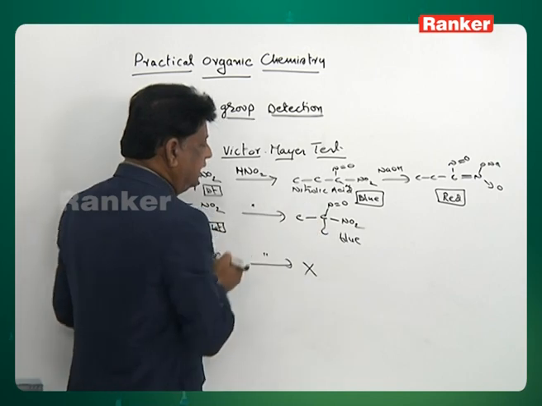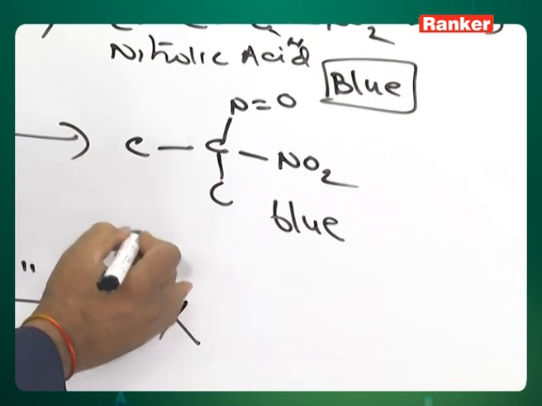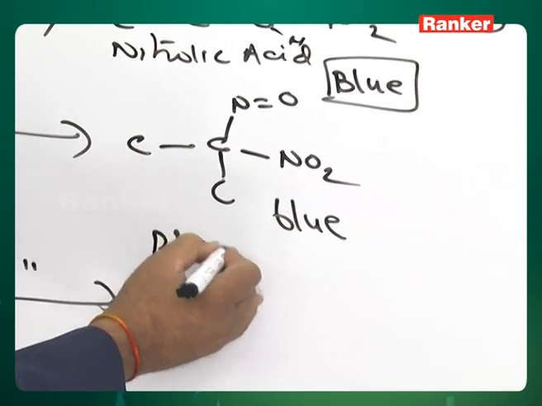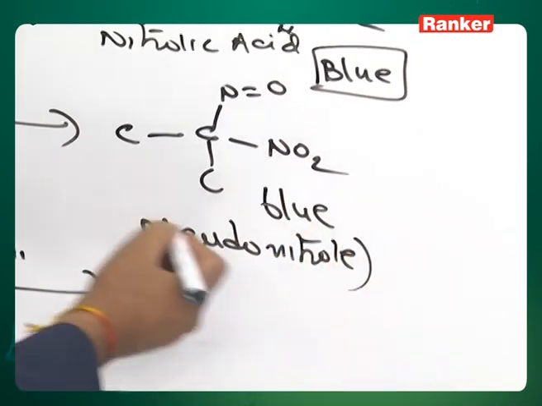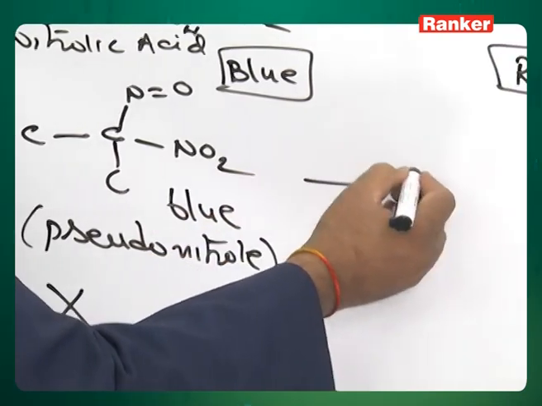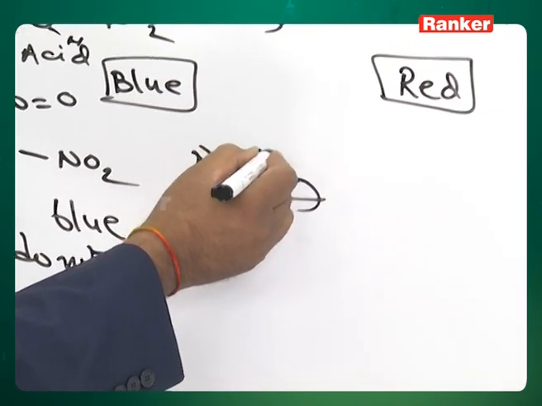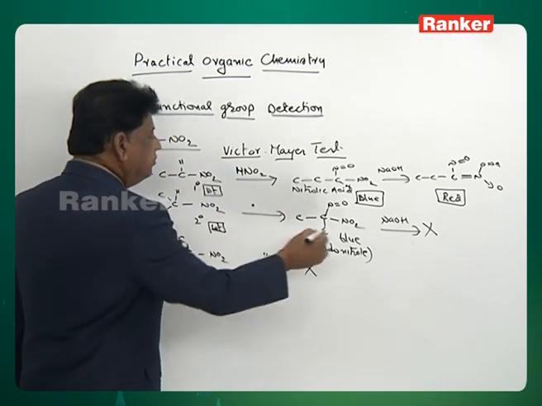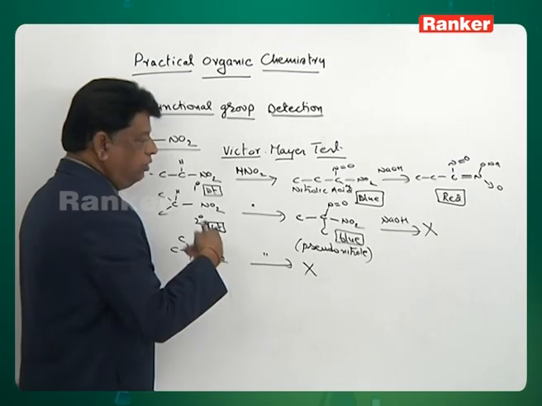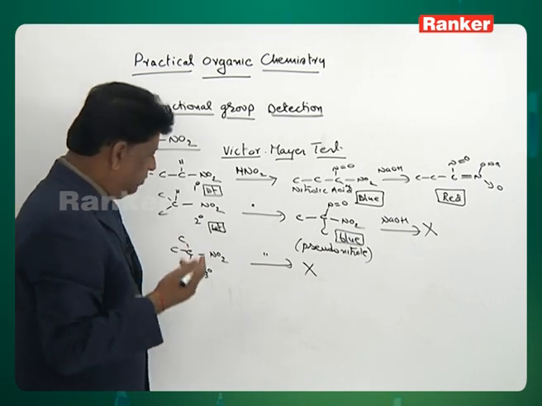Here there is no such hydrogen, so it is called pseudo-nitrol. This is not acidic, that's why when you add NaOH there is no reaction, no red coloration, only blue is the end. So white becomes blue and stops there, no further progress on adding the NaOH.